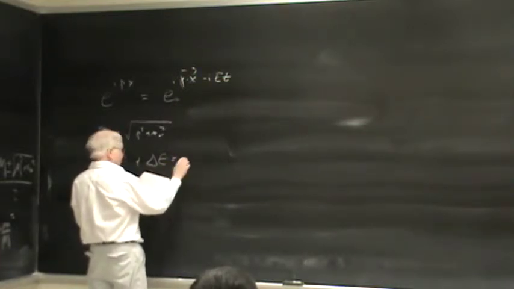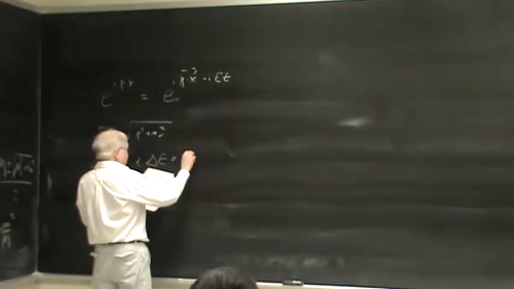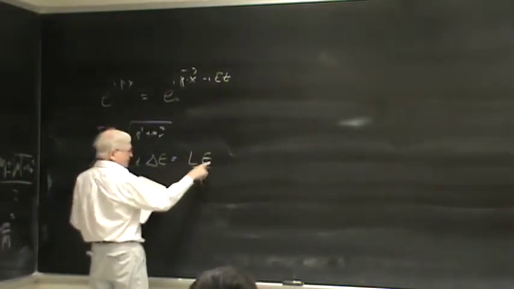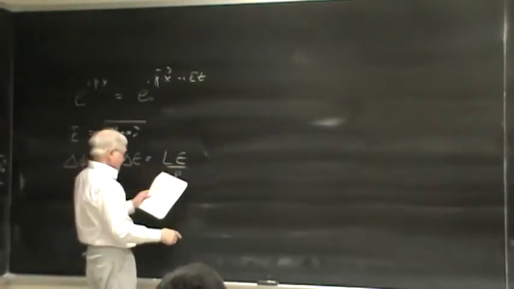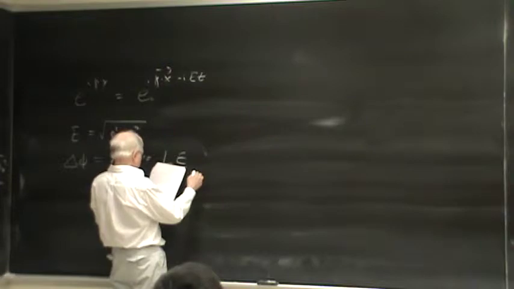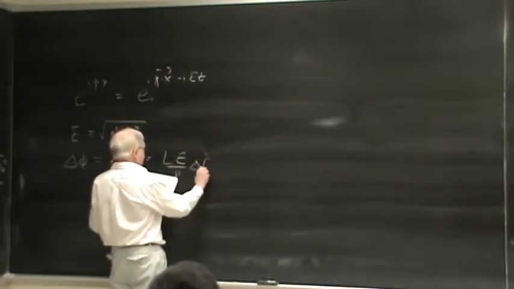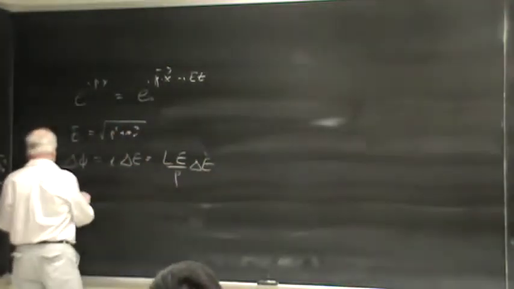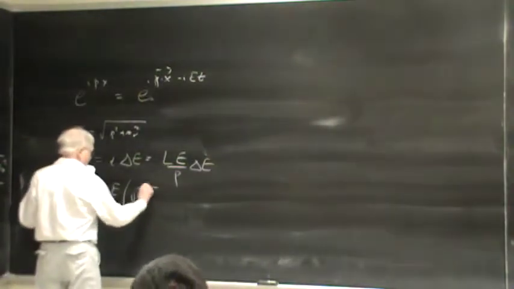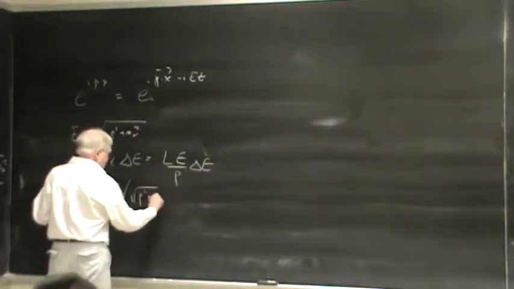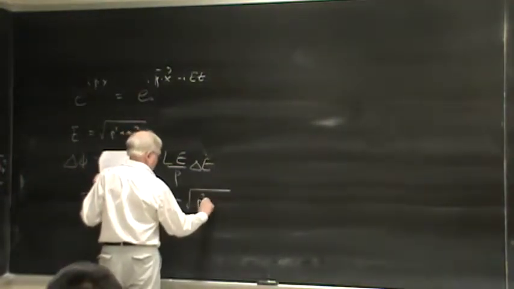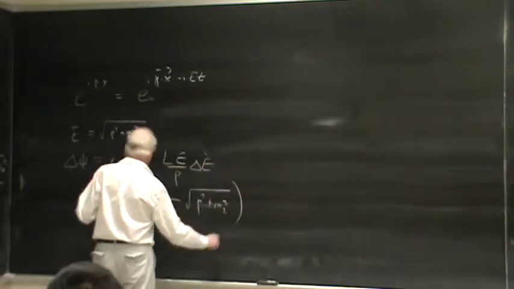You can rewrite this as L E over P, because P over E is the velocity, and delta E is the square root of P squared plus M1 squared minus the square root of P squared plus M2 squared.